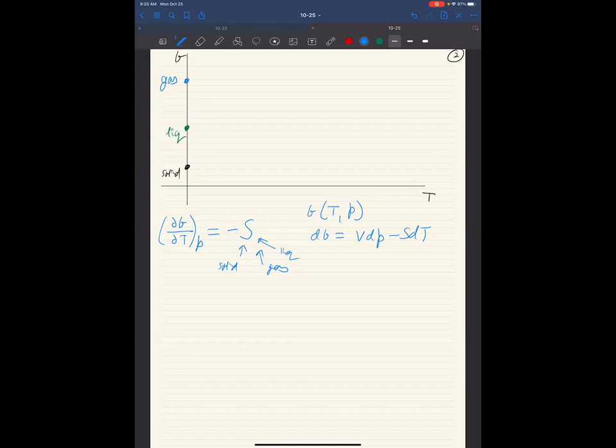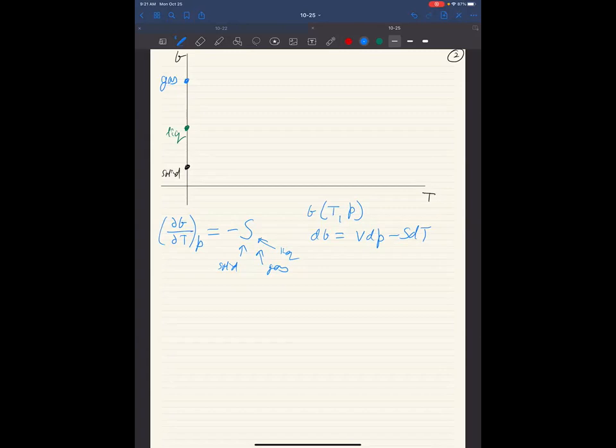So why will it go down? Entropy is always positive, right? That was our third law of thermodynamics, that S is equal to 0 at 0 Kelvin. And after that, S only increases, right? S cannot go negative.